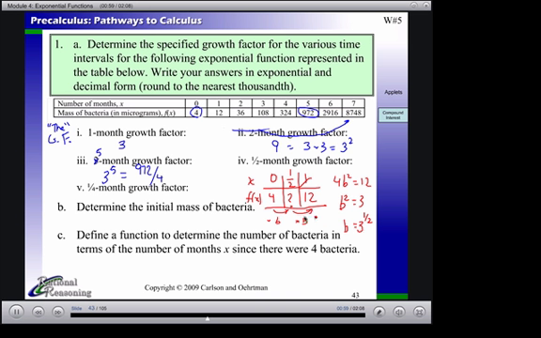So let's just confirm that 4 times 3 to the 1/2 should be more or less than 8? Less than 8. Just confirm that. So how much is it? 6.93?